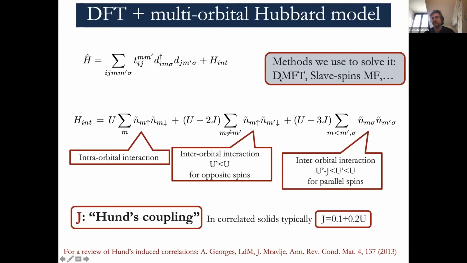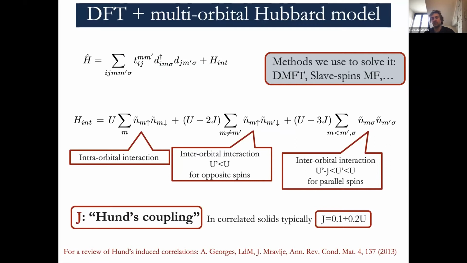Well, we use a multi-orbital Hubbard model in which you have a one-body part coming from density functional theory, and an interaction that includes intra-orbital and inter-orbital interactions for both opposite and parallel spins. And the difference between the inter-orbital interactions and the intra-orbital interaction is embodied by this parameter, the Hund's coupling.